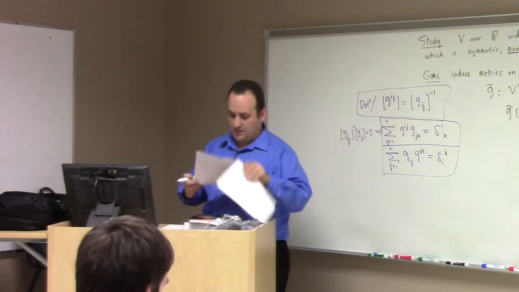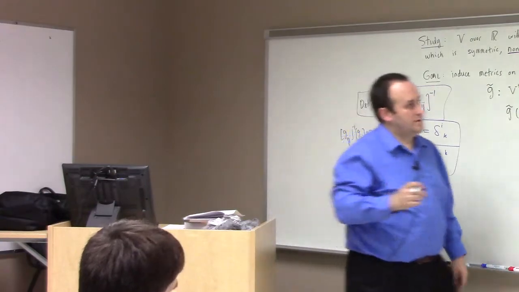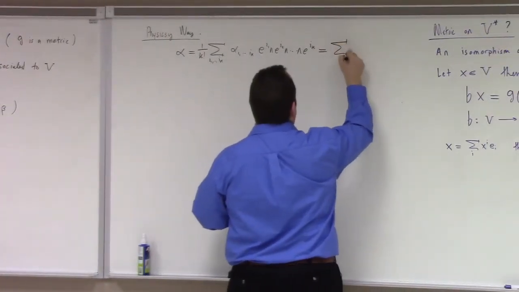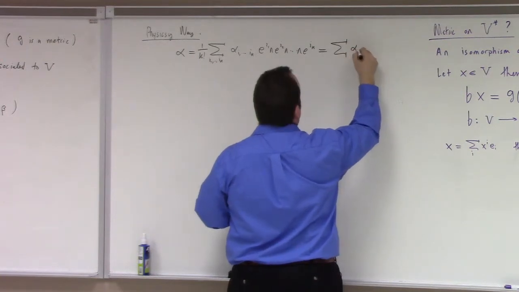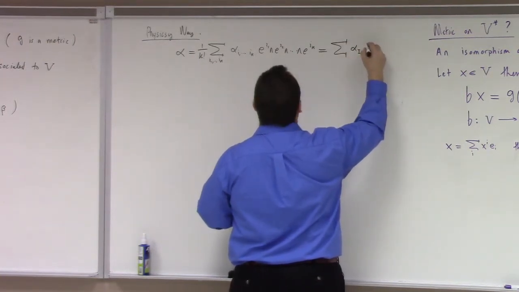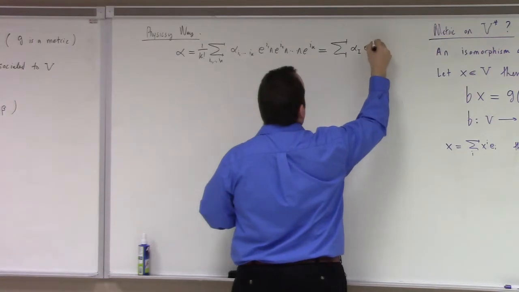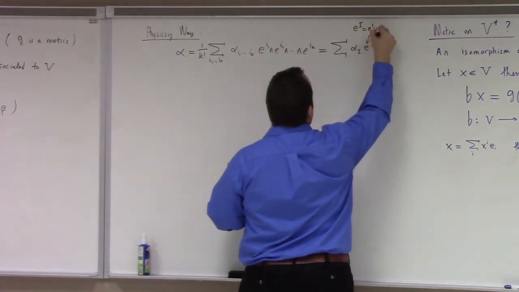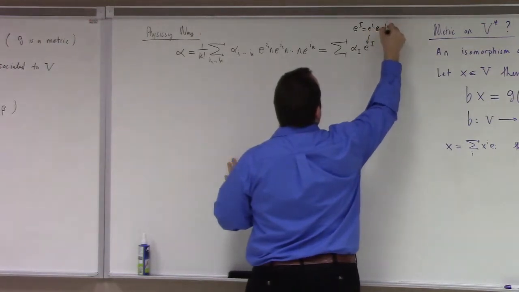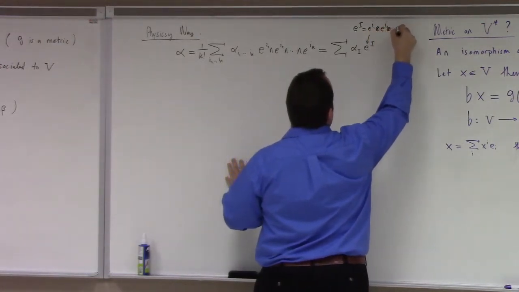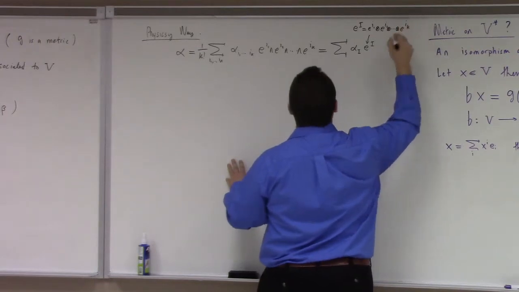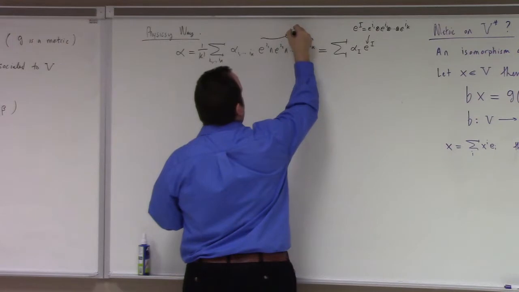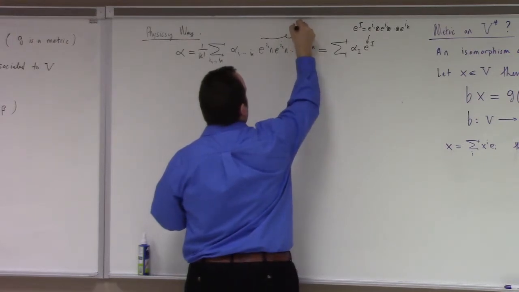Now, for what it's worth, you could also write this as a sum over I of alpha_I e^I, where e^I was e^{i1} tensor e^{i2} tensor ... tensor e^{ik}. And I'm introducing a new notation here, where this I would denote e^I with a vector.